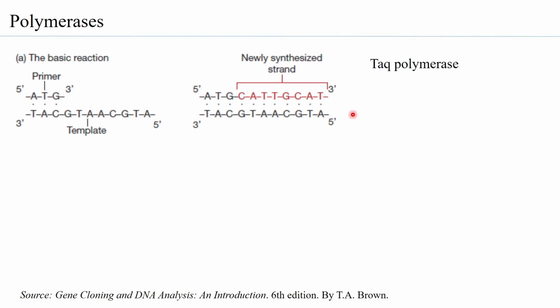One of the best examples of how polymerases are used in cloning or in recombinant DNA technology is the use of Taq polymerase. The word Taq comes from Thermus aquaticus. It is a bacterium that is obtained from hot springs, and therefore Taq polymerase is an enzyme that can tolerate temperatures as high as 94 degrees, and it is therefore used in PCR, that is polymerase chain reaction.